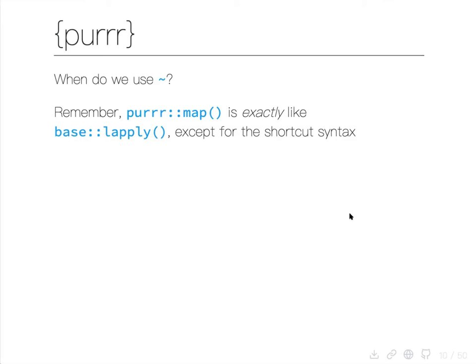But map itself is exactly like lapply, except it has this shortcut syntax. So the tilde is really just, you can think of it as typing function(.x). Okay, that's exactly what it is. So if you had used lapply and did function(.x), then it's exactly the same as map.